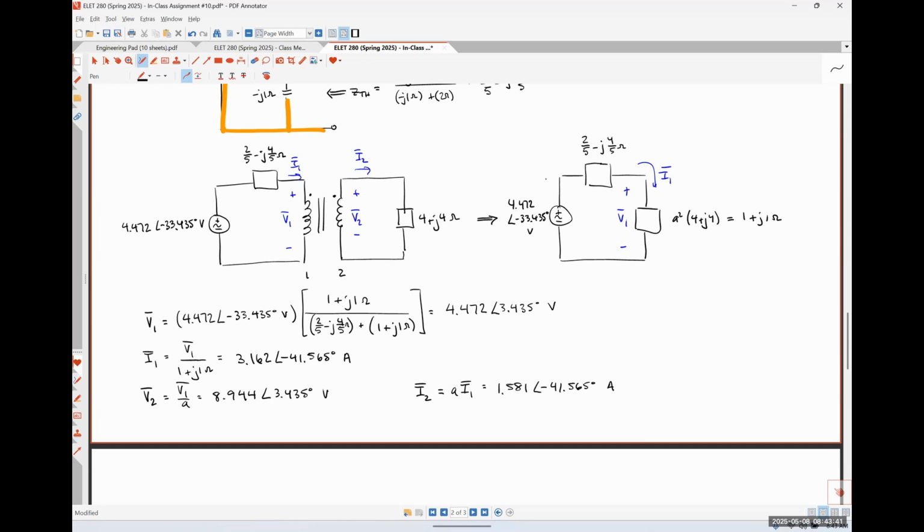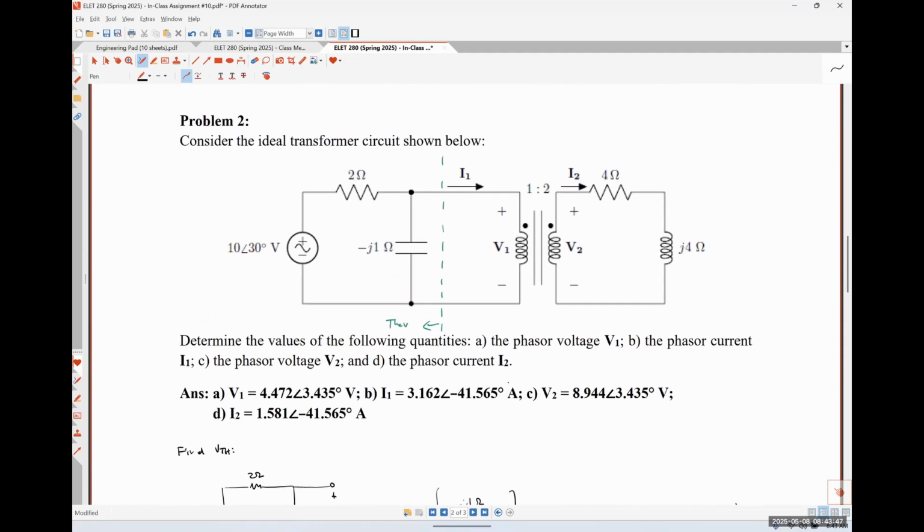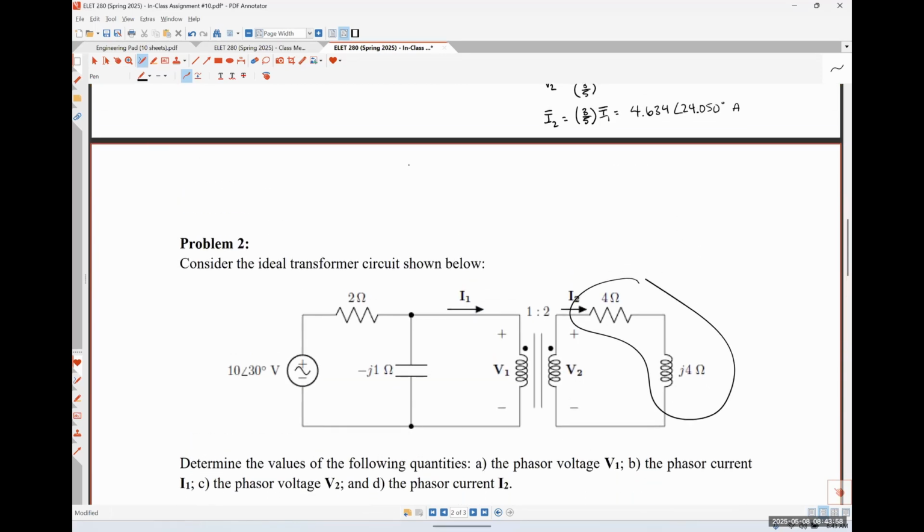For what it's worth, there is essentially a different way to do it if you were so inclined. What we could have done, I'm just going to talk our way through this, I'm not going to bother with doing it, is we could have just referred this impedance over from the jump, and that would have left behind the following circuit, 10 angle 30 degrees volts.